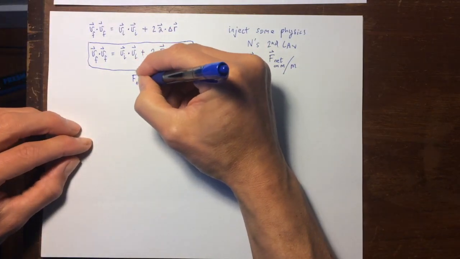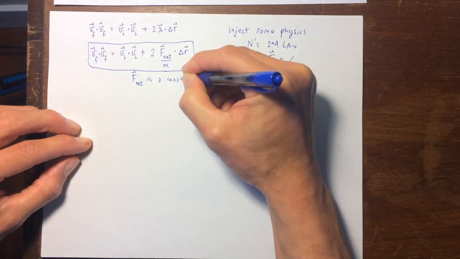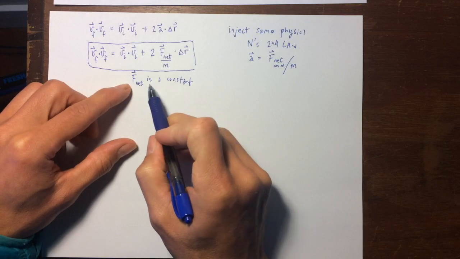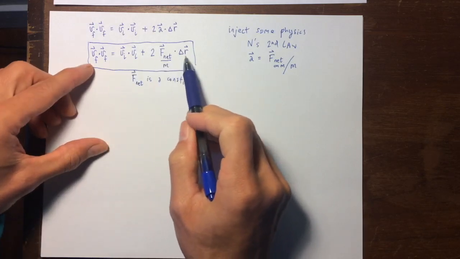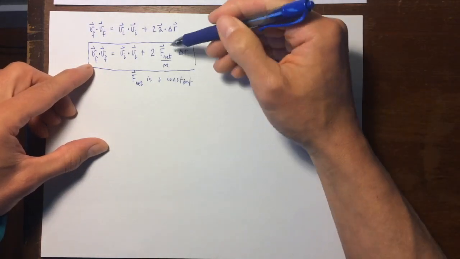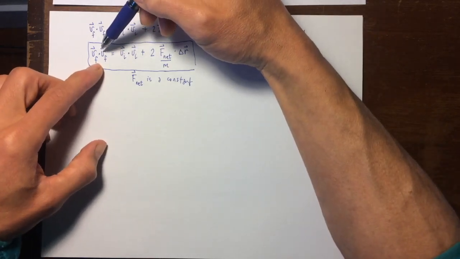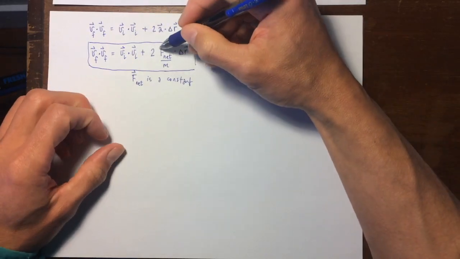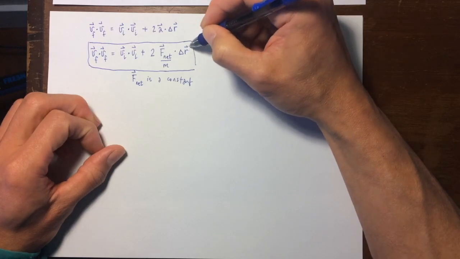So F net is a constant. That is, it's not time dependent. In the case where F net is constant in time, Newton's second law predicts this relationship between the final velocity of an object, the initial velocity of an object, the net force acting on the object, and the displacement the object moves through.